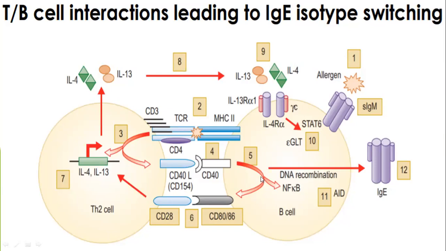Once the B cell, which is an antigen-presenting cell, has an allergen bound to the receptor, we get an increase in the expression of the MHC class molecules, and therefore an increased expression of the CD40 receptor.